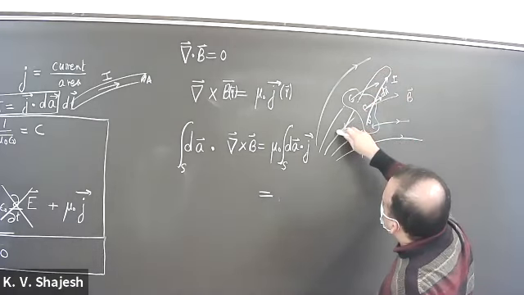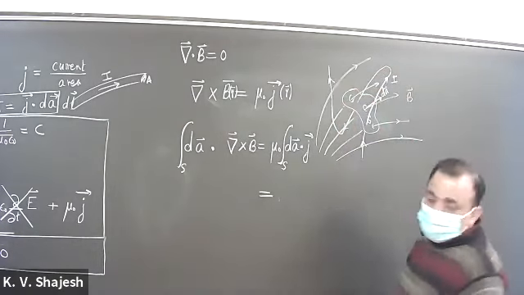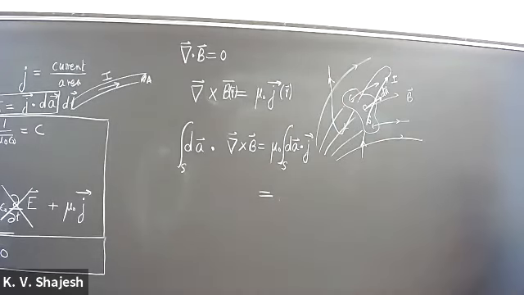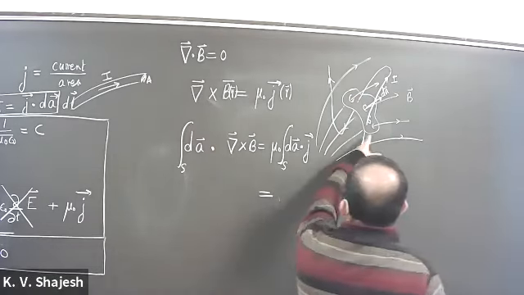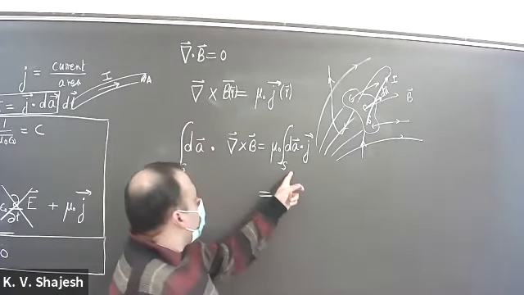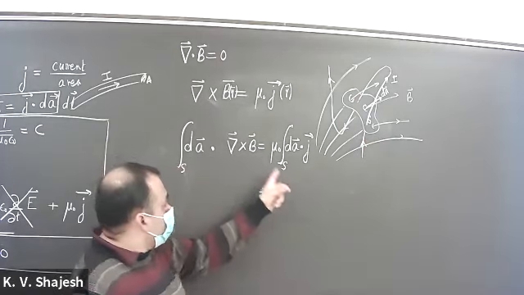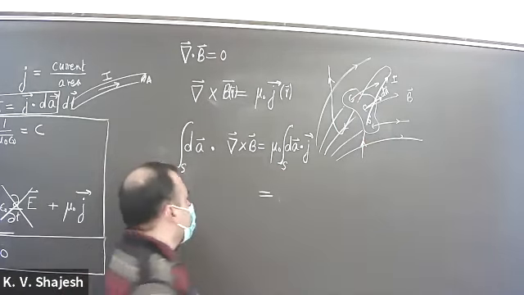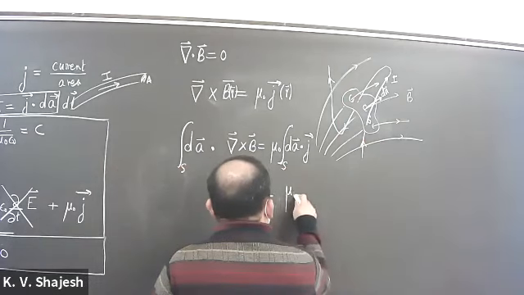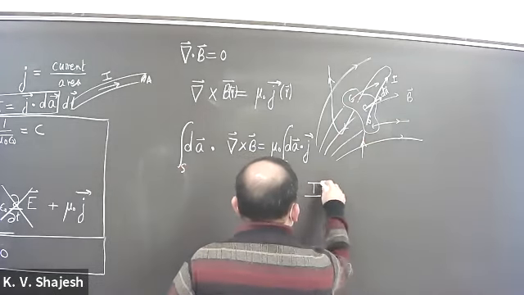It could be a complicated arrangement. Right? So some complicated current carrying wires are creating this magnetic field, but take an arbitrary surface and ask how many currents are going through the surface. So this is mu naught times current enclosed.